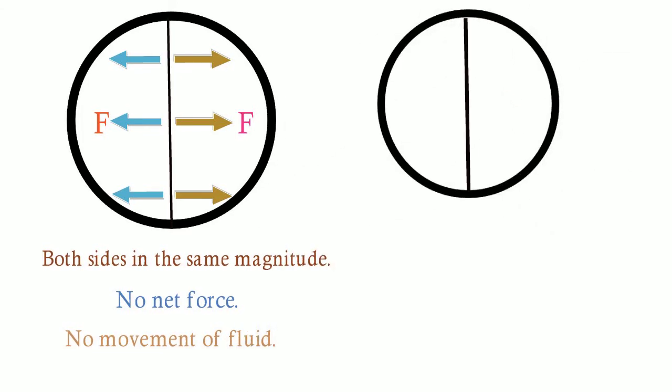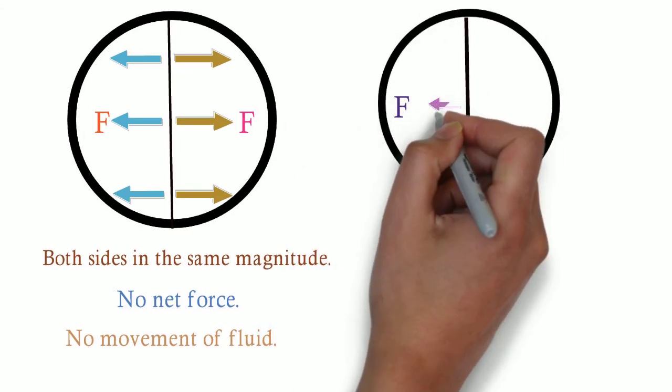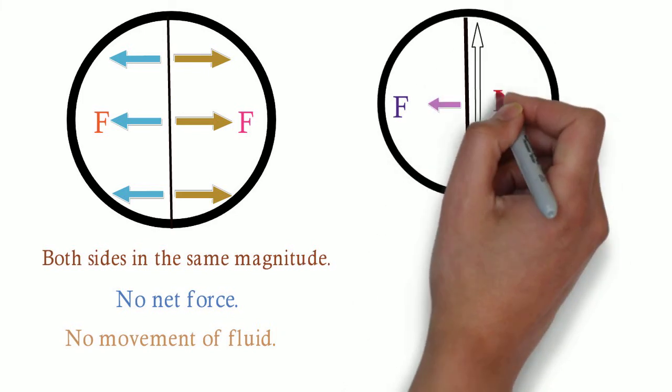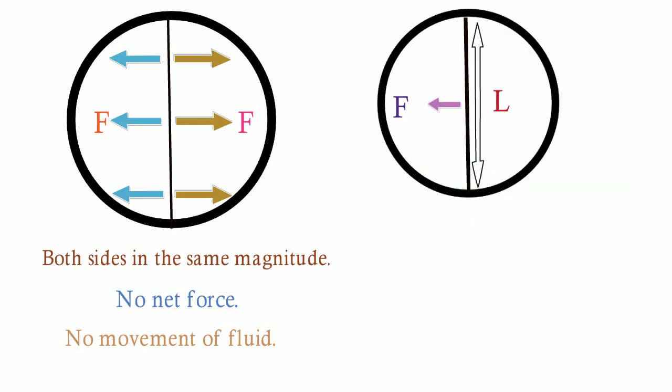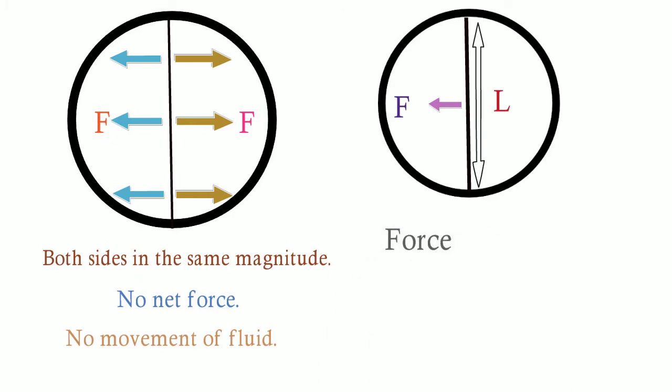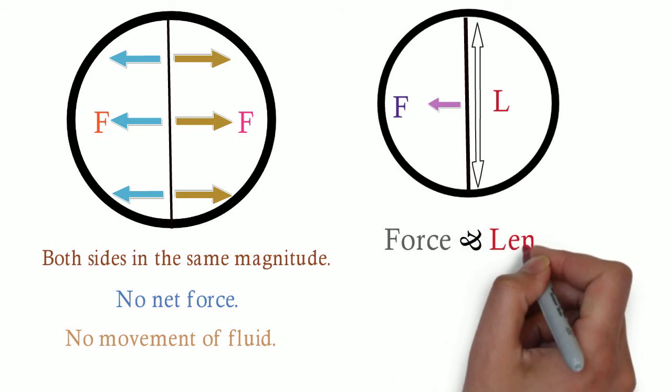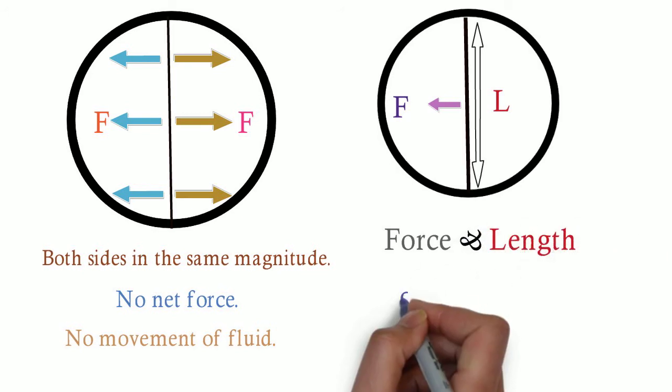Let us take the force acting on a single side as F, and the length of the fluid as L. Then the force F, acting on the liquid segment of length L, will be proportional to each other. The force is directly proportional to the length.